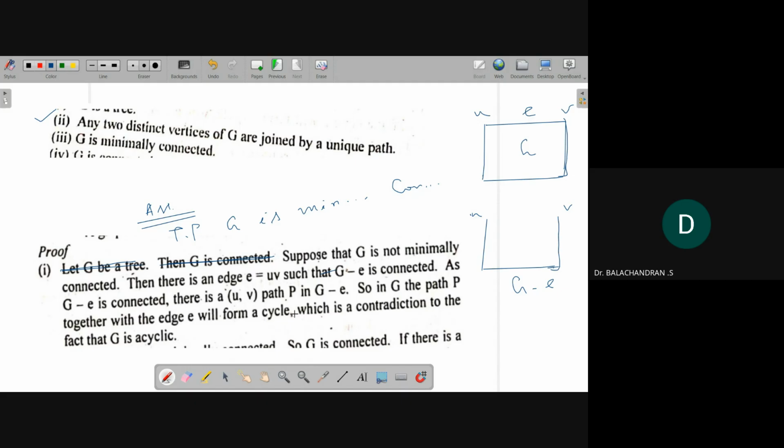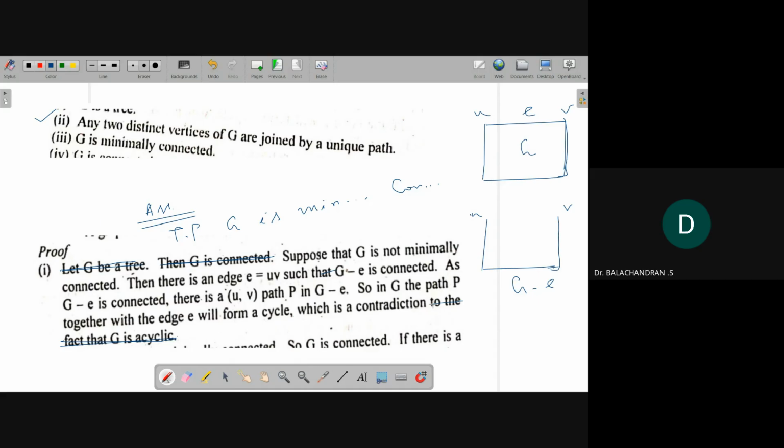Now this is a contradiction to what? What is the assumption? Any two vertices of G are joined by a unique path. So this is a contradiction to the assumption.